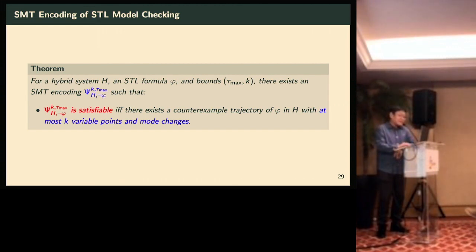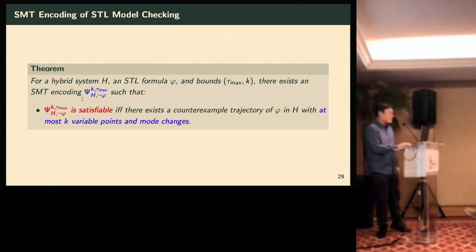So by having, as usual, an encoding for the negated formula, we can say that the encoding of the negative formula is satisfiable if and only if there is a counterexample trajectory of phi with at most k variable points, and now also k mode changes, because the encoding of the system part requires k mode changes as well.